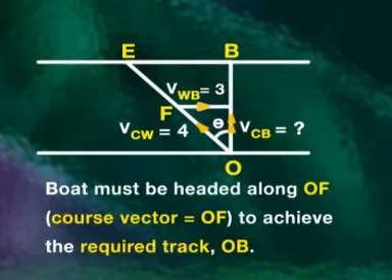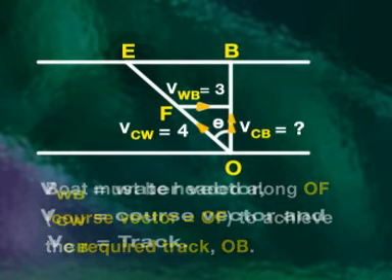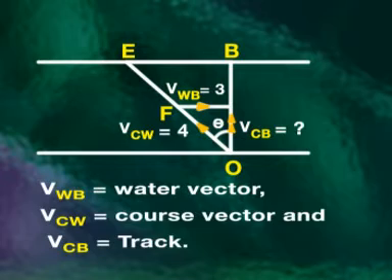Thus, the boat must be headed along OF, the course vector, as shown on the screen, so as to achieve the required track OB. In the diagram, VWB equals the water vector, VCW equals the course vector, and VCB equals the track.